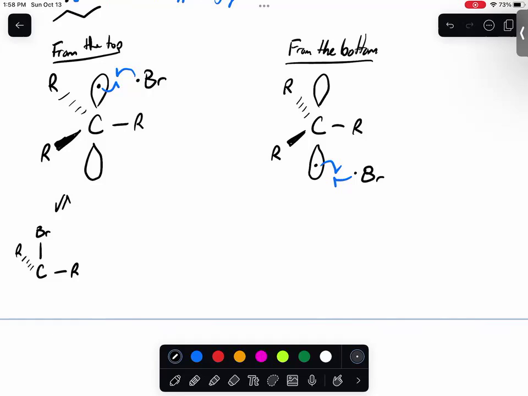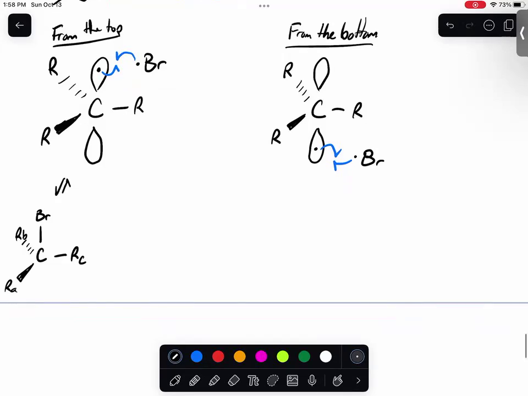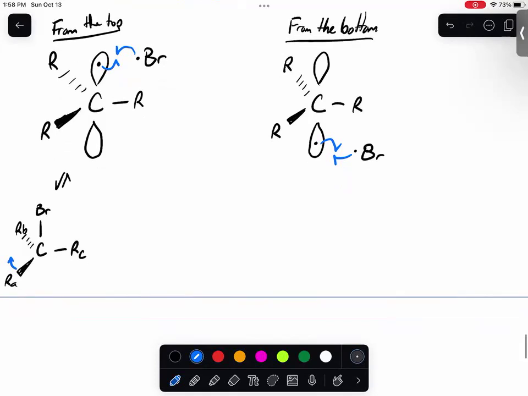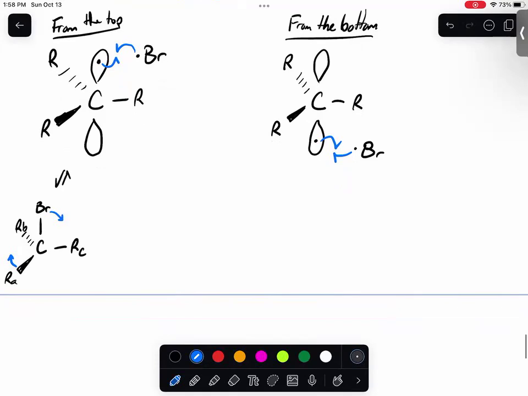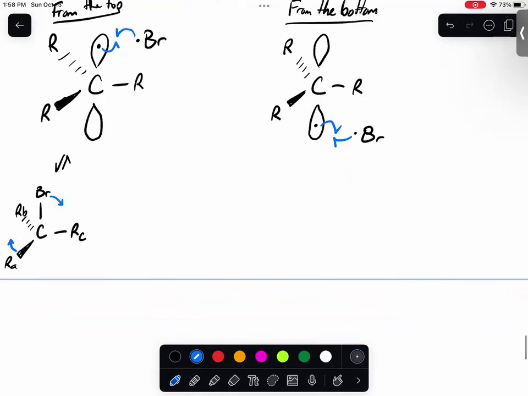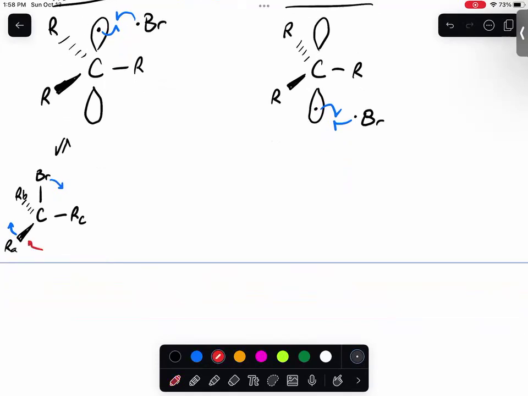So we're going to label these as RB, RA, and this one can be RC. Essentially, it tries to correct the bond angles as quickly as possible. How's it going to do that? Well, it's going to push RA back to be flat and in plane, which is going to push the bromine forward. So essentially, this goes backward.